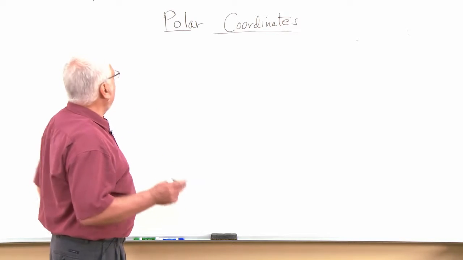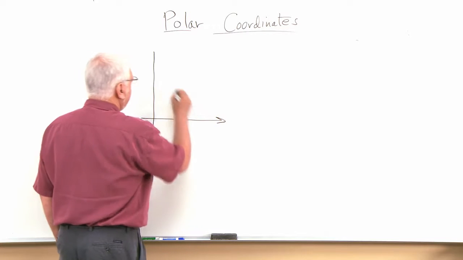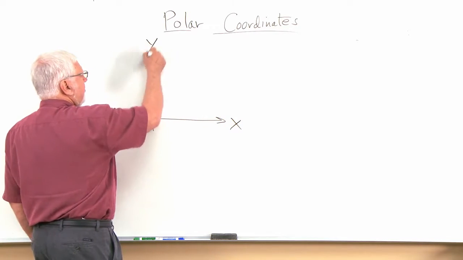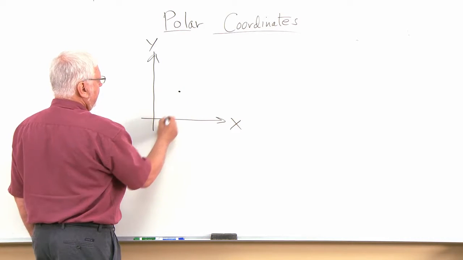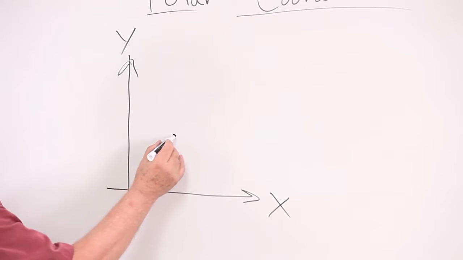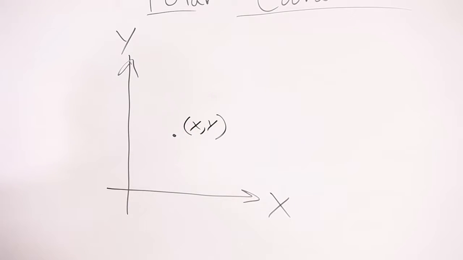So let's review regular coordinates. If you look at regular coordinates, we said this was our x-axis, this was our y-axis. And if we had a point out here, we said that this had coordinates x, y. And what did that mean?